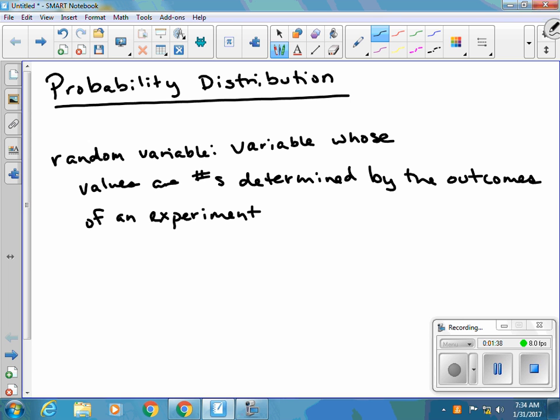However, the probability distributions that we will be working with are considered discrete.